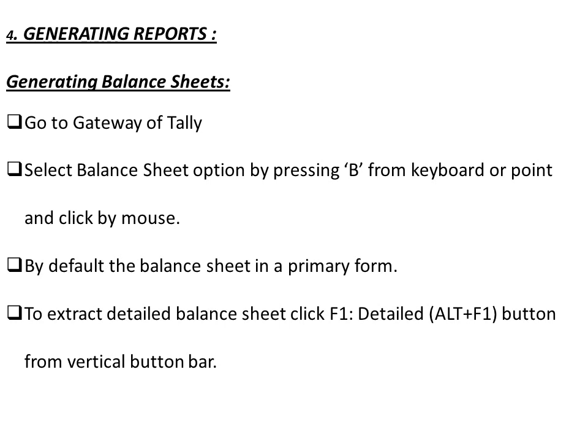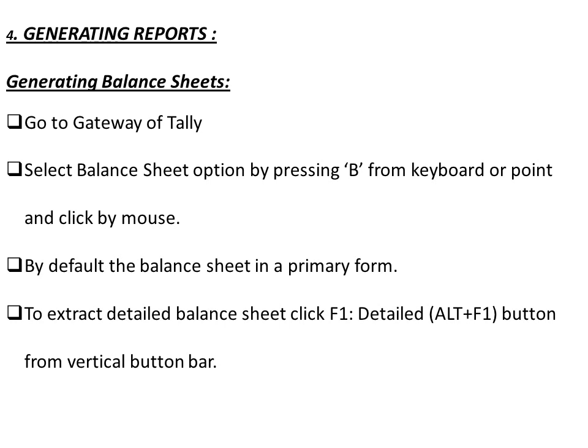When you complete the voucher entry using that screen, the balance sheet is automatically generated. To generate the reports or balance sheet, go to Gateway of Tally, select the balance sheet option by pressing B on the keyboard or by point and click with the mouse.